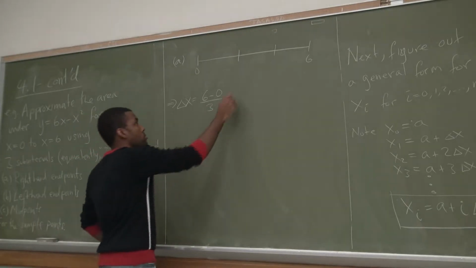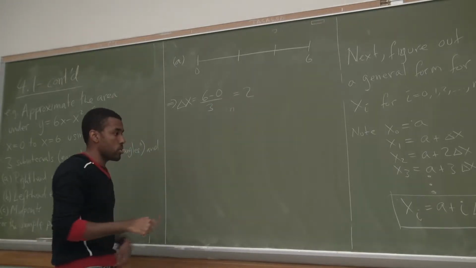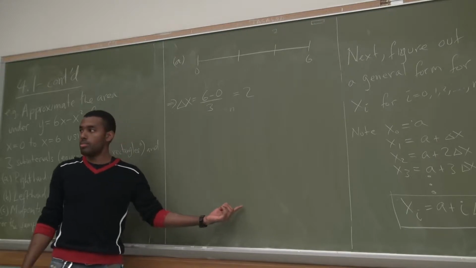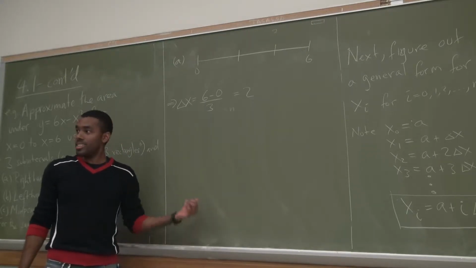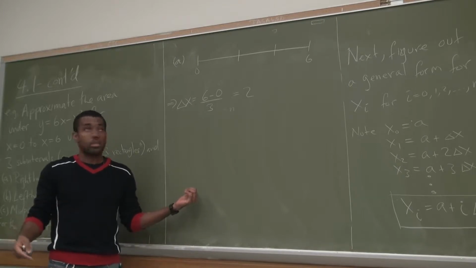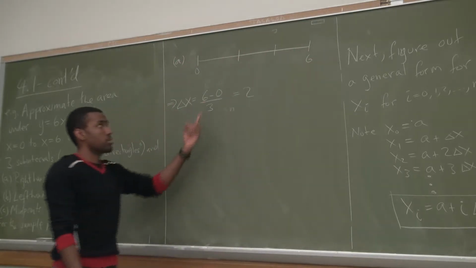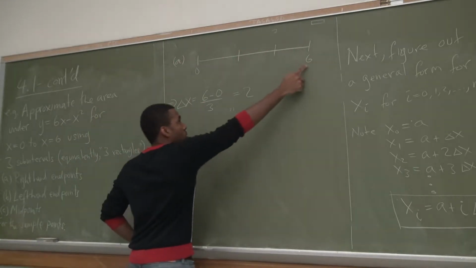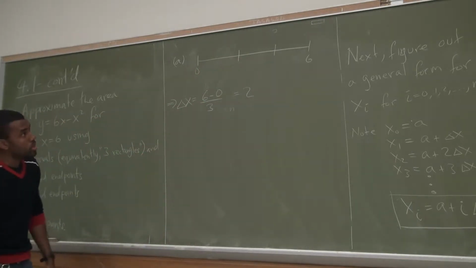Wait, can you slow down a little bit? Where'd you get the formula? I wrote it down here. I did write it down. I'm using delta x equals b minus a over n. Right? So it's the length of the interval divided into 3 parts. The length is the right one minus the left one divided by the number of parts I want to divide it into.